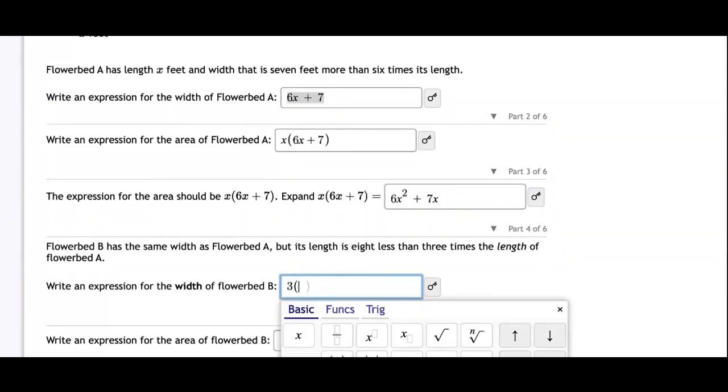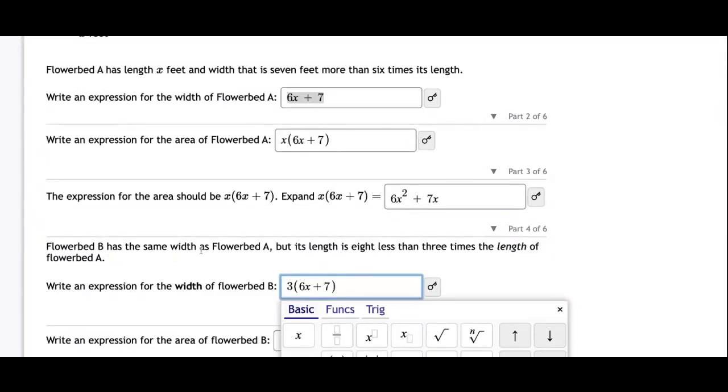So it has the same width as flower bed A, but its length is A less than 3 times the length. Oh, hold on a second.